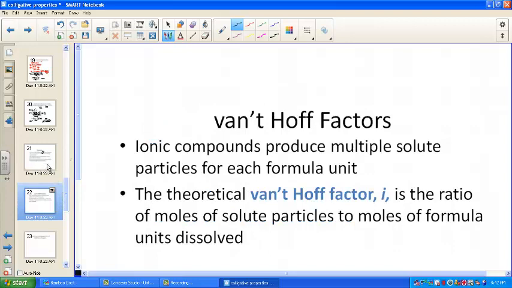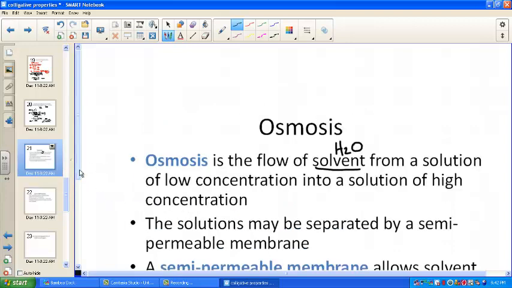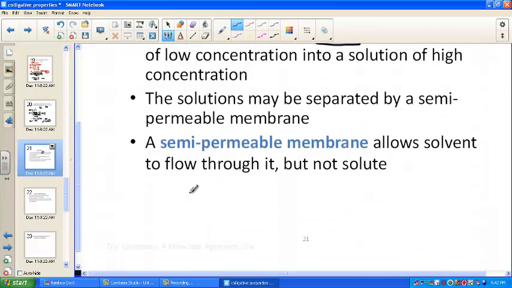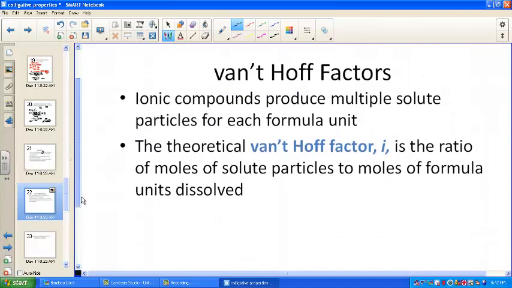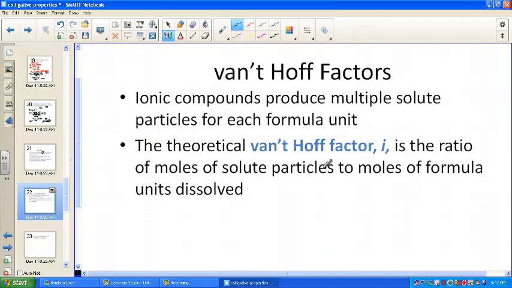Osmosis comes up a lot in biology. When you have a semi-permeable membrane and you want to track water flow, we talk about osmosis and osmotic pressure. This will end up being a calculation, but I also wanted to make a moment, and I should have put this slide earlier, to talk about the Van Hoff factor, i.